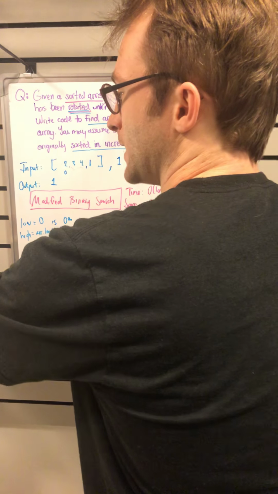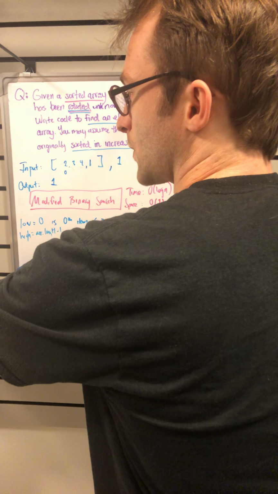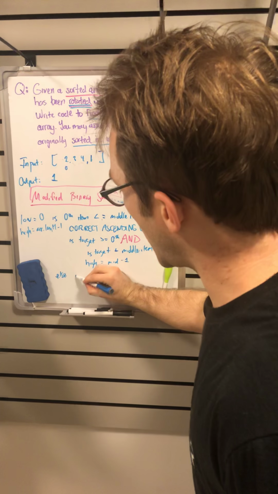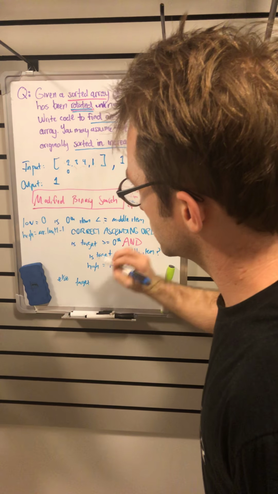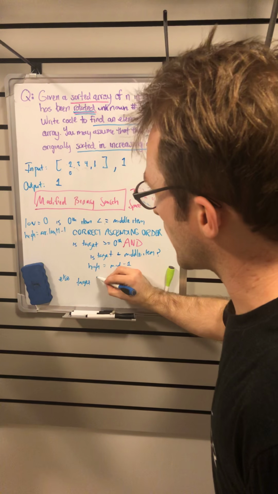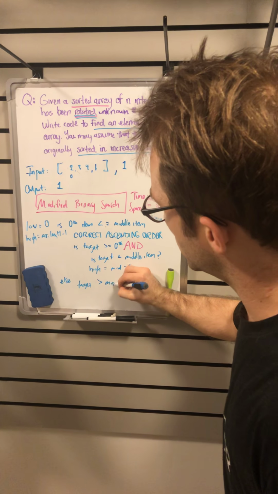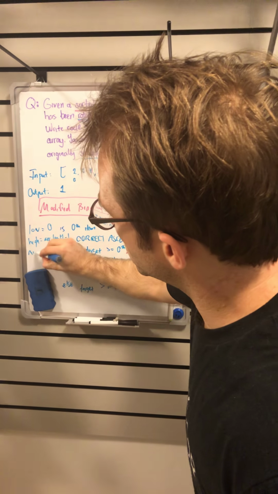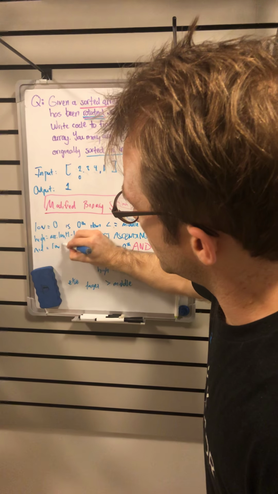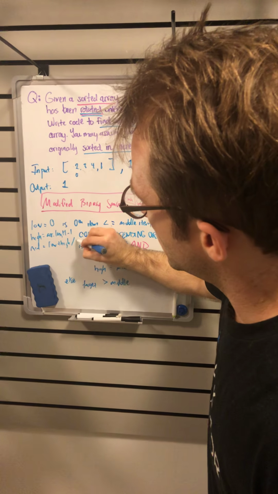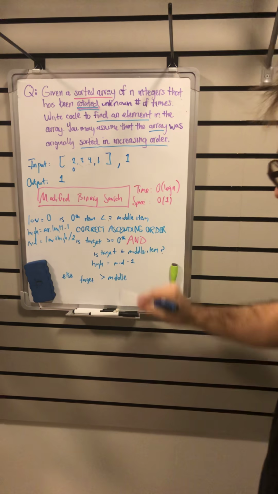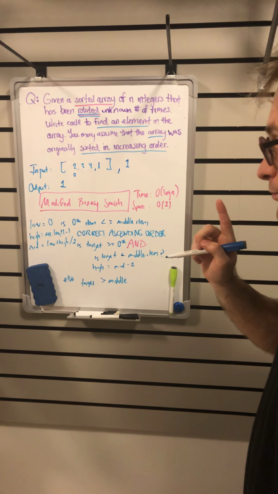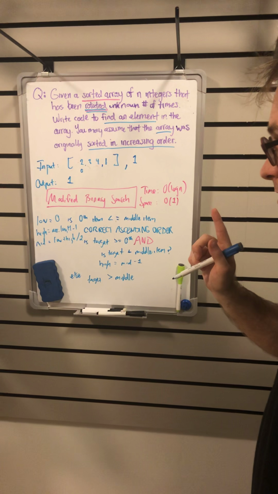What questions do we ask? Well, we basically ask, is the target item greater than the middle item, which is nothing more than the low plus the high divided by 2? Okay? Is the target greater than the middle? And we want to know something else about this.